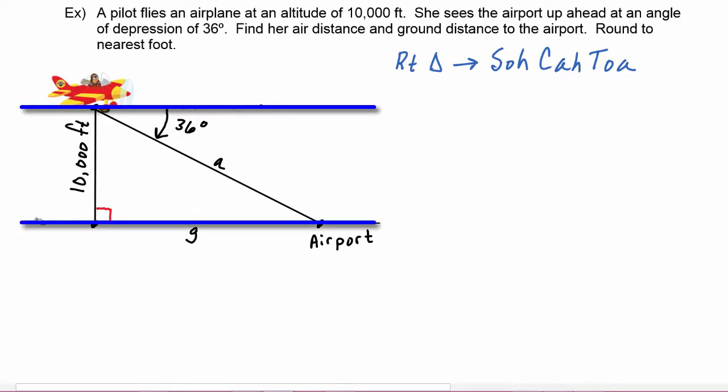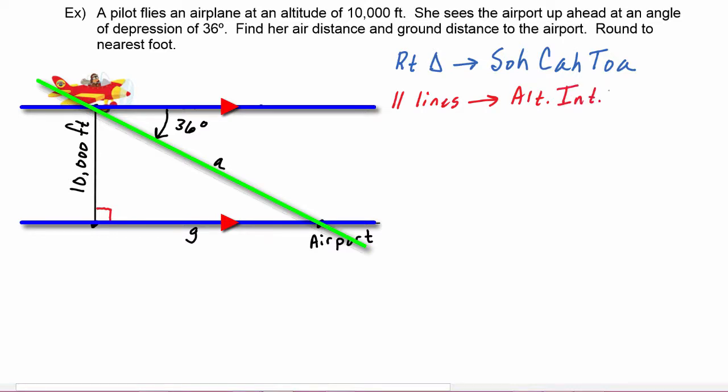So if we think of it for a moment as two parallel lines being cut by a transversal, then we can also use a rule we know from our geometry class that says if we have parallel lines, then that means that the alternate interior angles will be equal to each other.